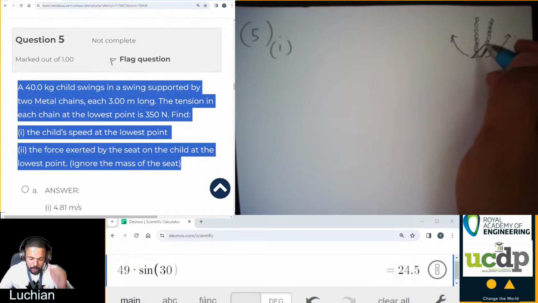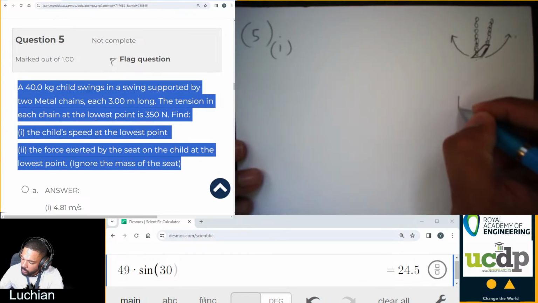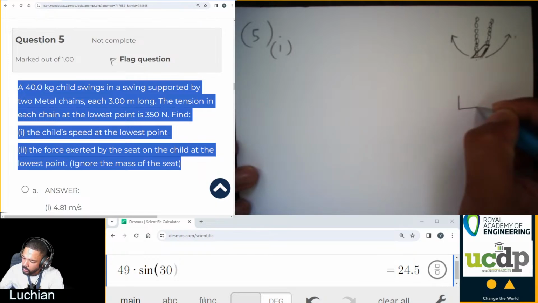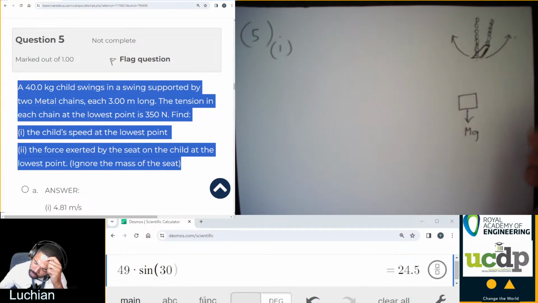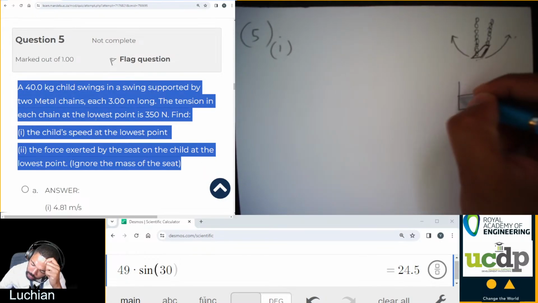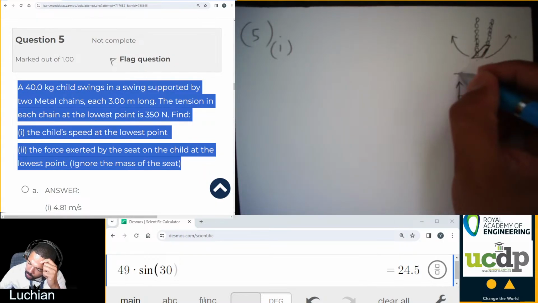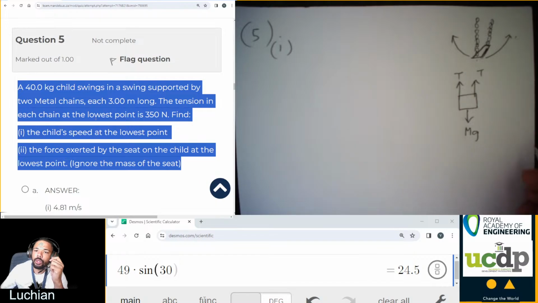So the only forces that act on this child are his weight, his mass times the gravitational acceleration, and the tension of the two chains, tension 1 and tension 2. That is all that is acting on this child at its lowest point.